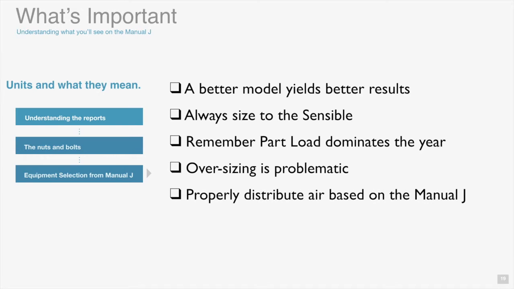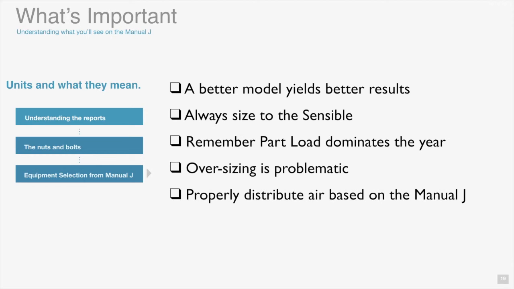There's a reason why it's done that way, because that's the most efficient. It helps save you on your first cost, and it helps you save on your utility bills throughout the lifespan of the equipment in your house. And the other thing, we really didn't cover this too much, but it's important. The Manual J will actually tell you how to distribute the air throughout the house.